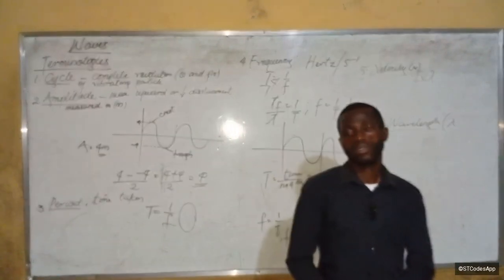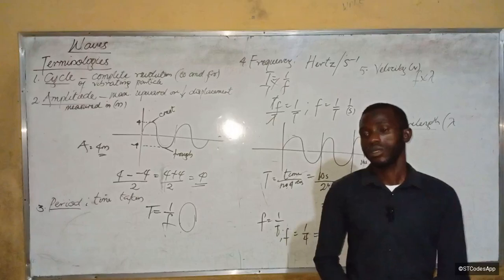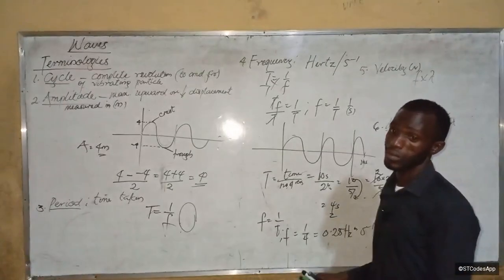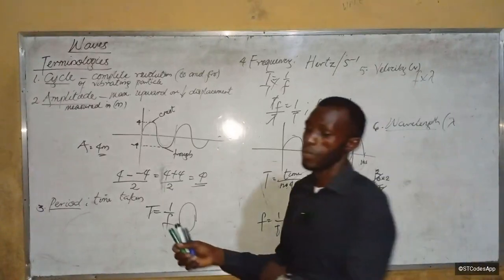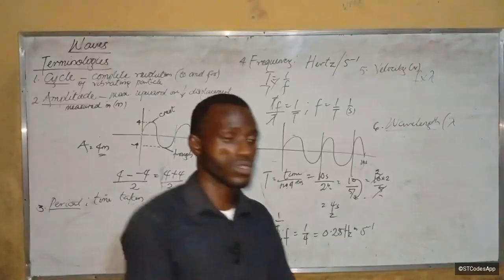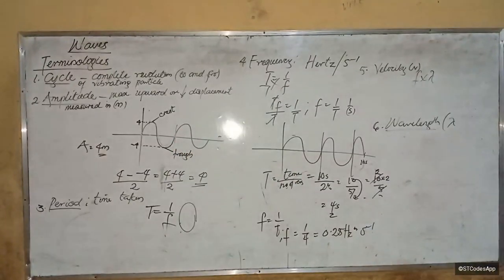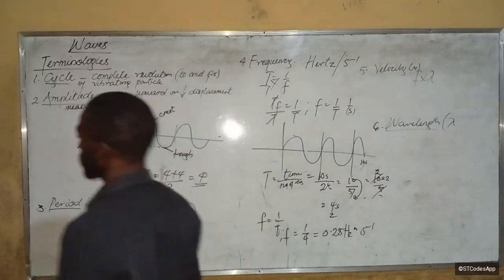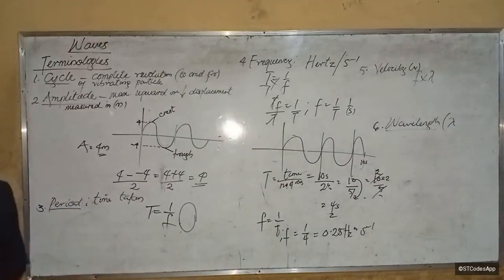Are you with me? Wavelength is the distance between two successive or two consecutive troughs or crests. Just pick any one.